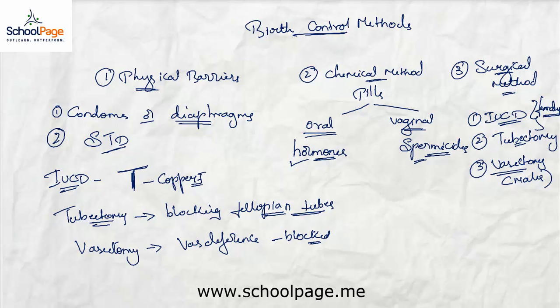It is advised that the couples meet the doctor and take the suggestion of the doctor before arriving at any final decision. Remember that all these methods of birth control are aimed at one purpose, that is preventing pregnancy. The prevention of pregnancy in women is called contraception, and the devices or methods used to prevent pregnancy are called contraceptives.